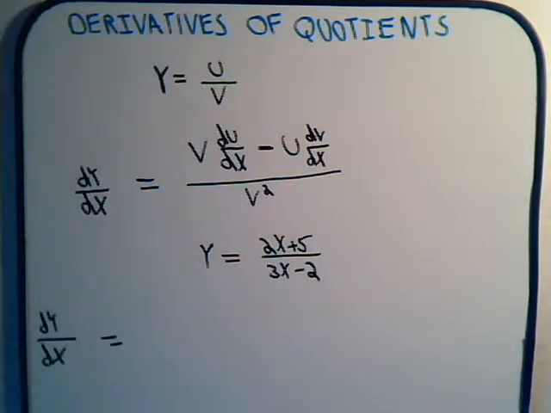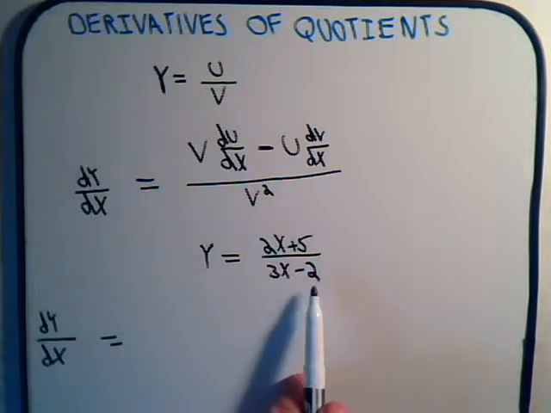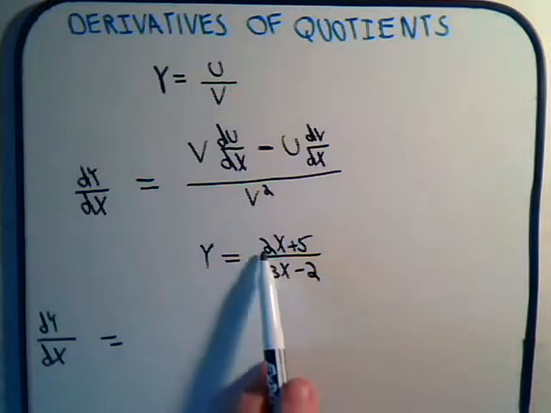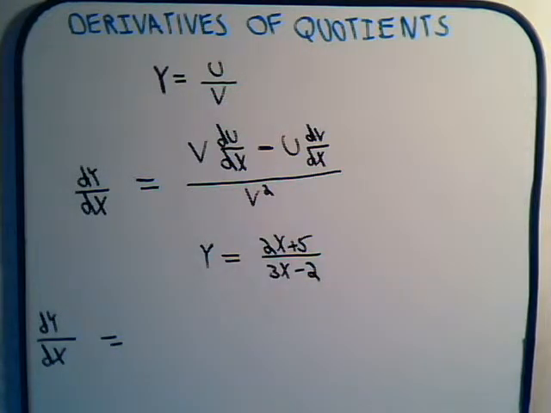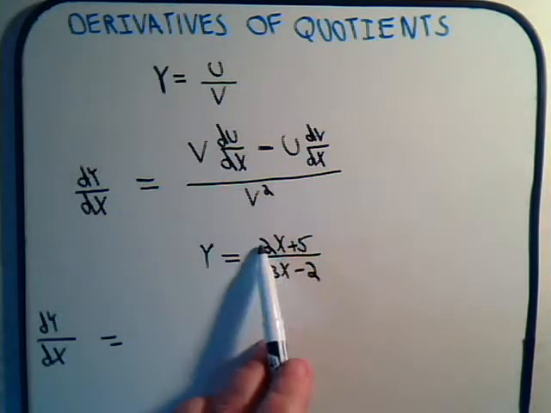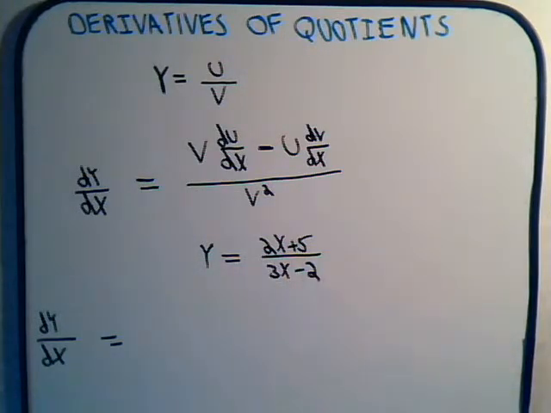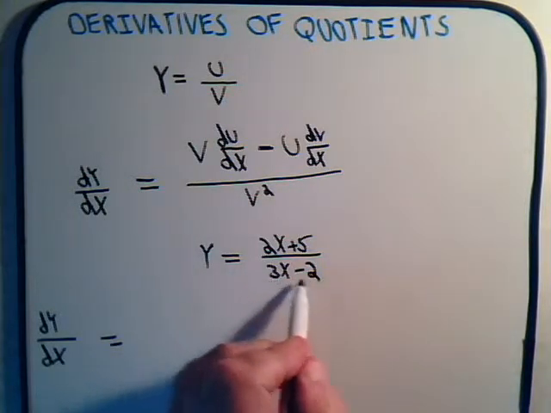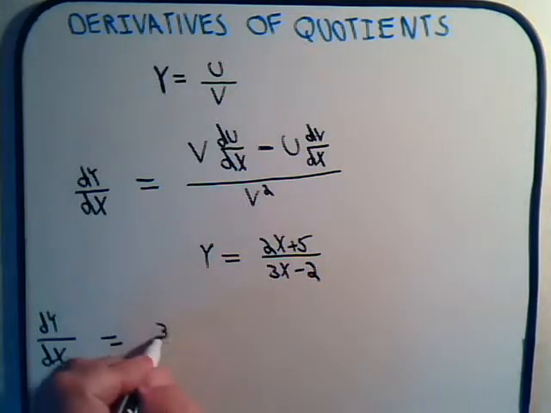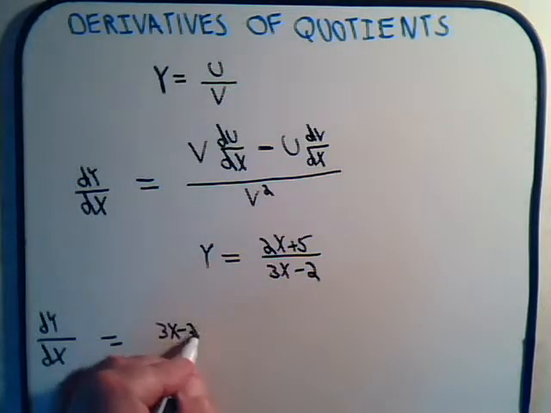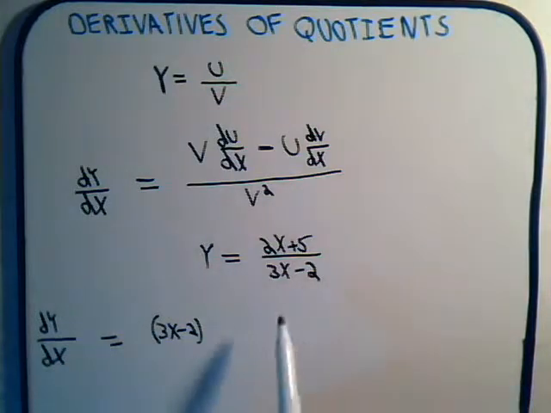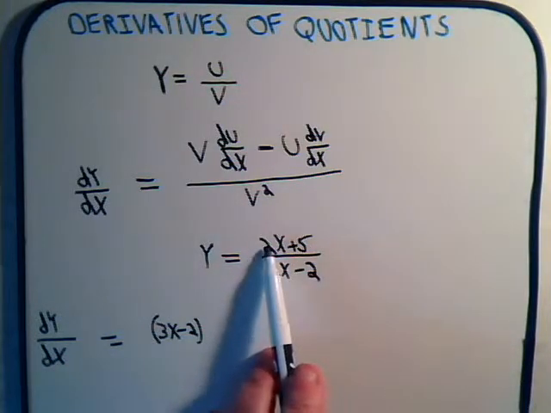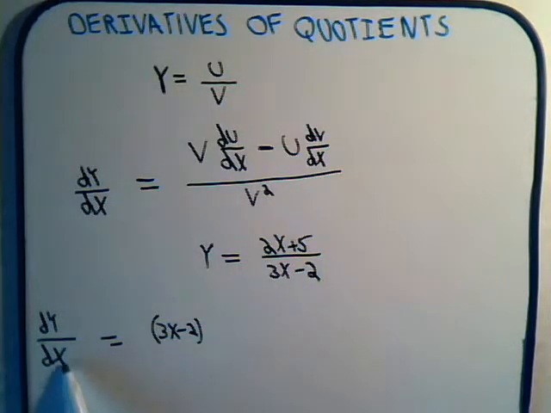So let's see, that would be this function here times the derivative of this function. Then we subtract this function times the derivative of this one, then everything is divided by this expression squared. So I'm going to have this function here times the derivative of this function with respect to x.